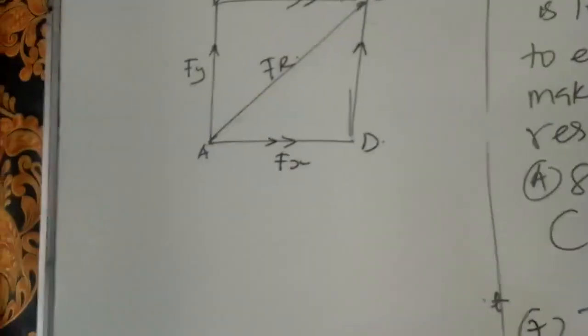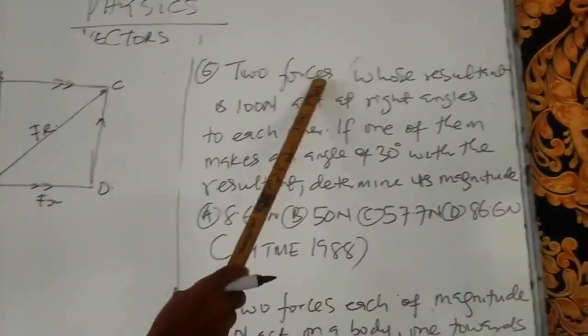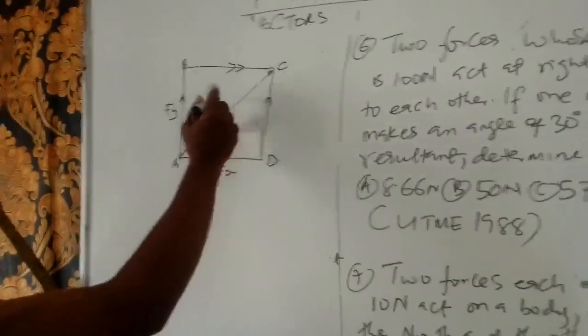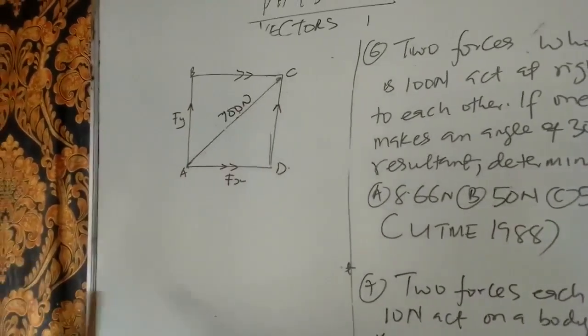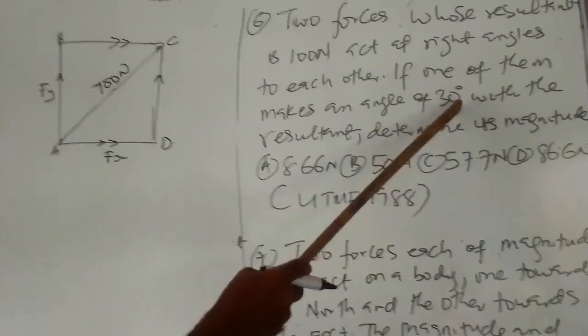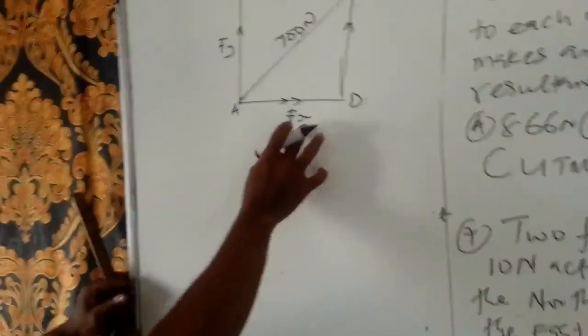Let's go to the question again. Two forces whose resultant is 100, so the resultant is given to us as 100 Newton. At 90 degrees, we know that. If one of them makes 30 degrees with the resultant, we have to choose one. So we can choose Fs for convenience.